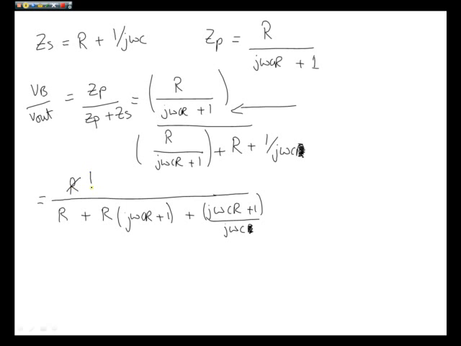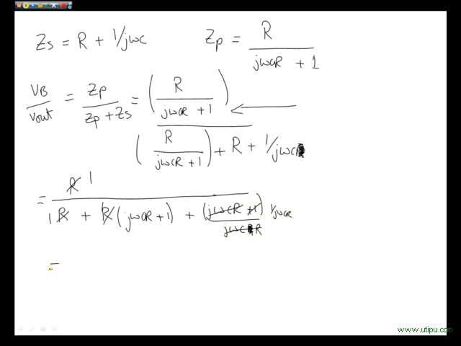Let's take out our R's and cancel them, so that becomes 1, 1, 1. Here we have j omega CR and 1 and j omega C. So if we're dividing through by R, we can put an R in place there, because we're dividing through by R. This term and this term cancel, and we're left with 1 over j omega CR.